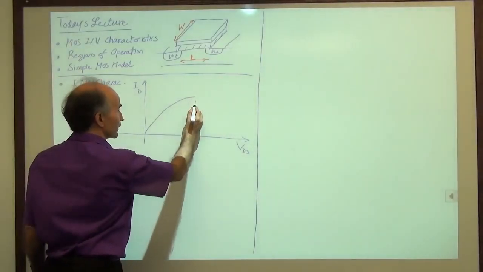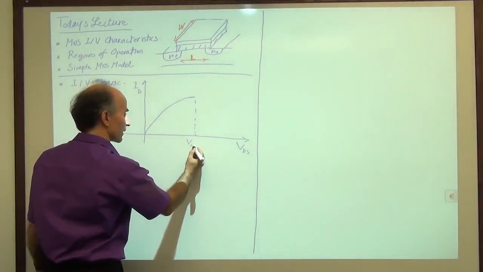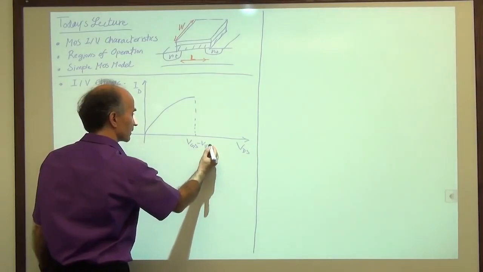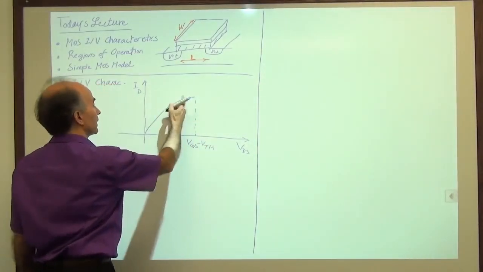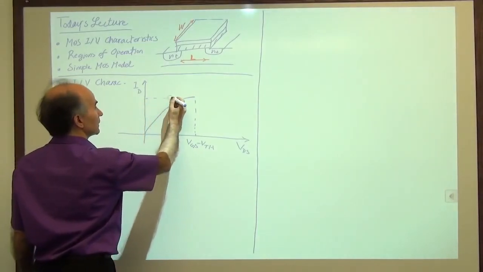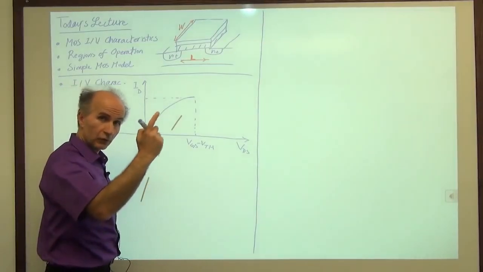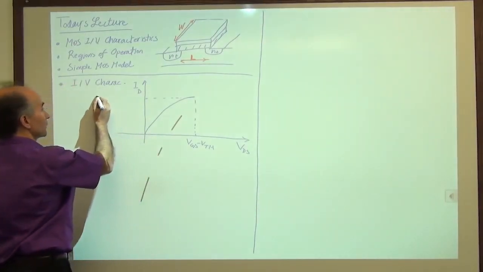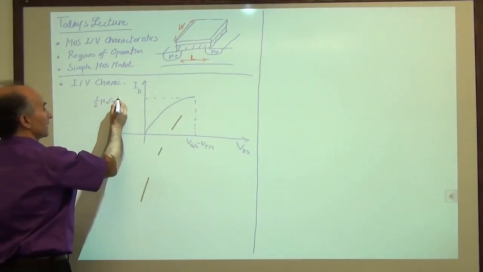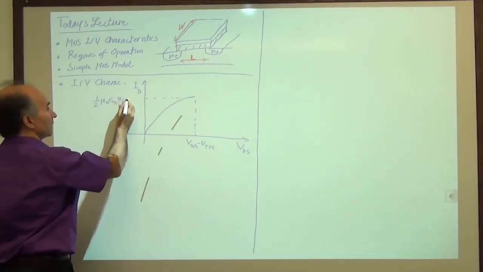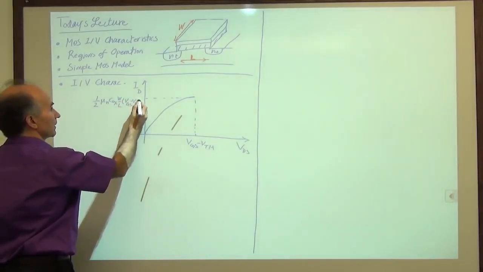And that maximum occurs when VDS is equal to VGS minus VTH. And we even found the maximum value here, right? The maximum current that the device would have from drain to source is equal to 1/2 mu n Cox W over L times VGS minus VTH squared.